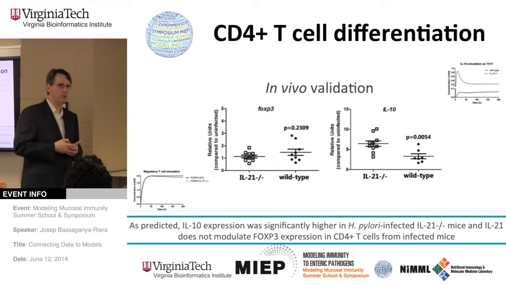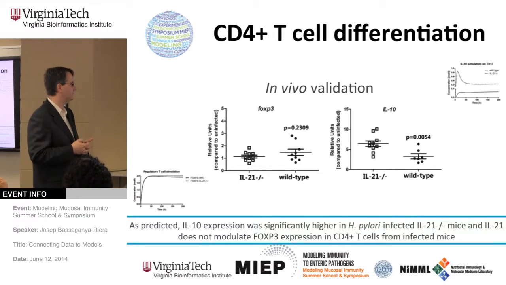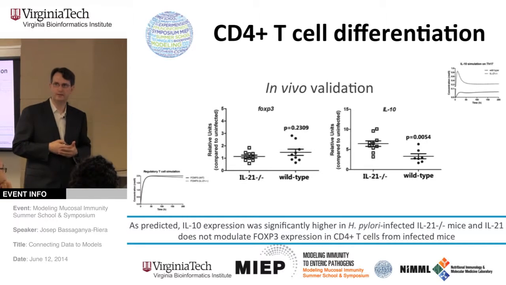We then ran a follow-up experiment to validate this data, and FOXP3 was not changed, at least not statistically, as in the graph on the left. On the right, we have a significant difference between wild-type and IL-21 knockout mice in terms of increased IL-10 production.